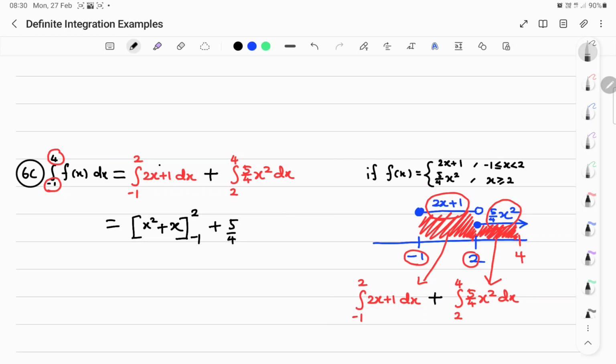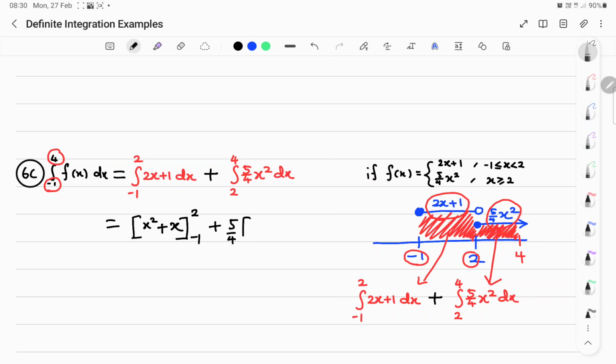But for this one, you cannot take out the 2 because we have plus 1 at the back. This one we can take out because it's only a single term. This one we have 2 terms with addition between them. That's why this constant 2 cannot go out. And the second reason is it will be cancelled with the over 2 after we integrate.